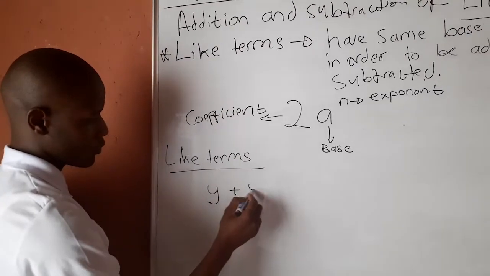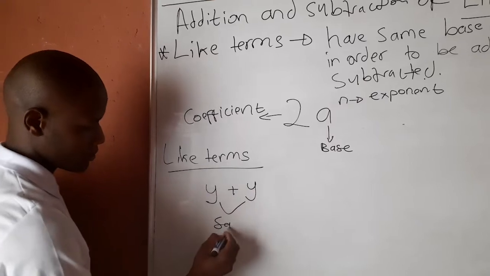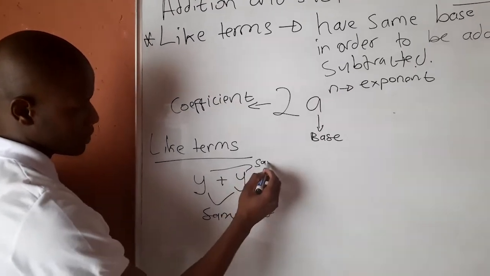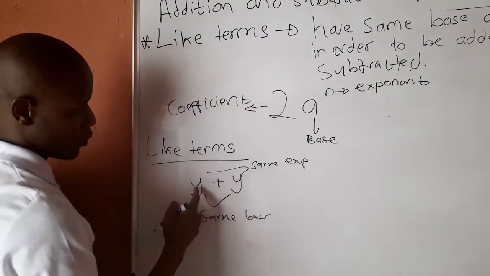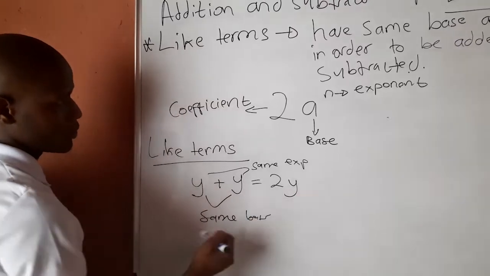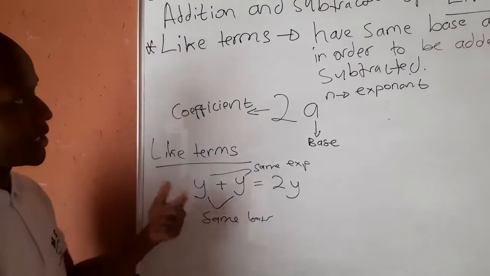So like terms, y plus y, same base, same exponent. y plus y is equal to 2y. Why? Because we can only add or subtract like terms.